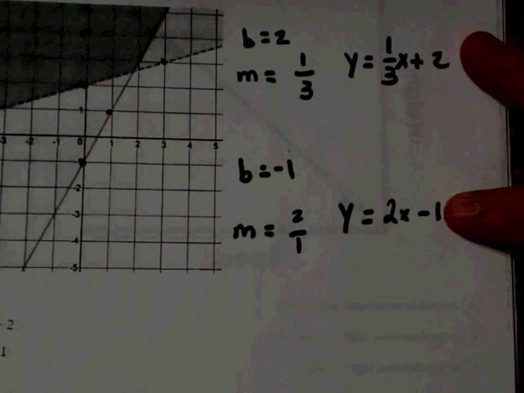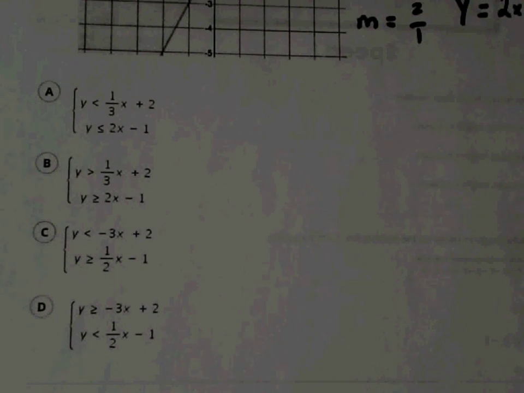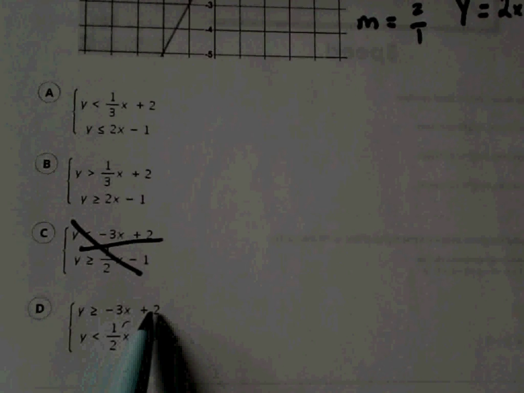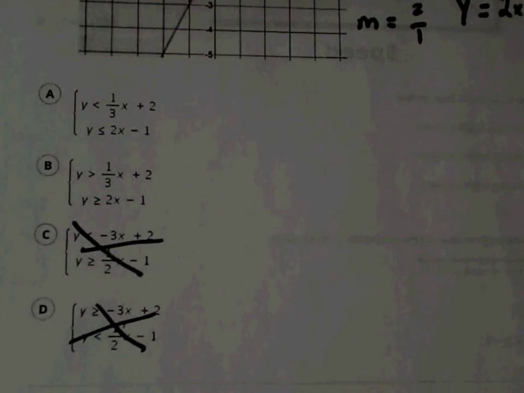Are any of these not those two equations? A is the same equations. B is the same equations. Is C? No. So C I can automatically throw out because it doesn't even represent them, right? And so D I can throw out because it doesn't even represent them. So I got to decide between A and B, right?